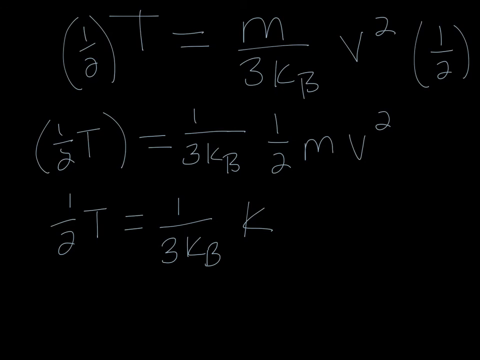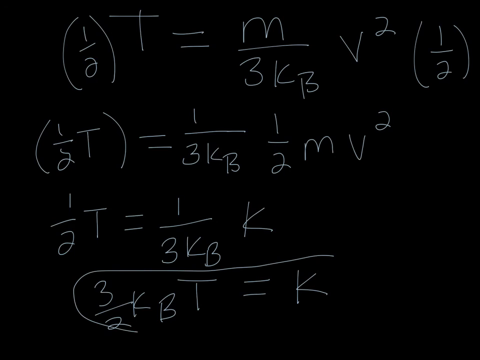All right, we're getting somewhere. Let's try to get rid of these denominators. So I'm going to multiply by 3 kb on both sides. That will work. So I'm going to have 3/2 kb times T equals kinetic energy. This gets rid of some of the denominators, and I have this relationship.